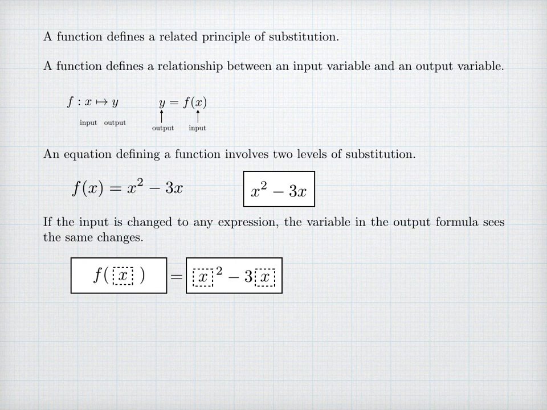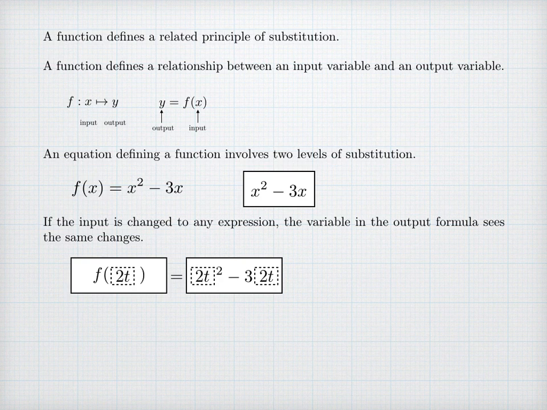So for example, f of x equals x squared minus 3x. If I put as an input the value negative 2, the x's in the formula on the other side of the card are also replaced with negative 2.